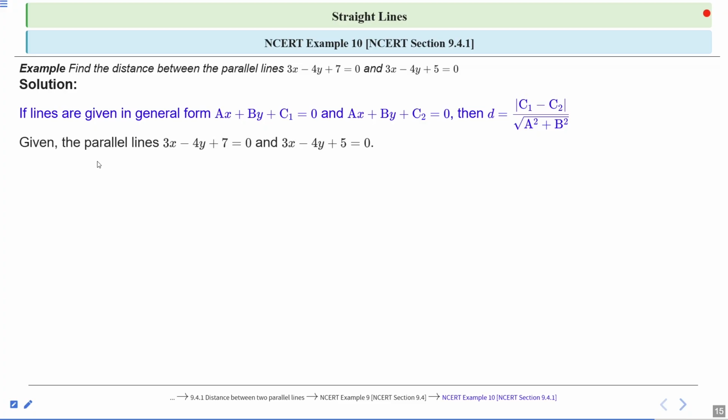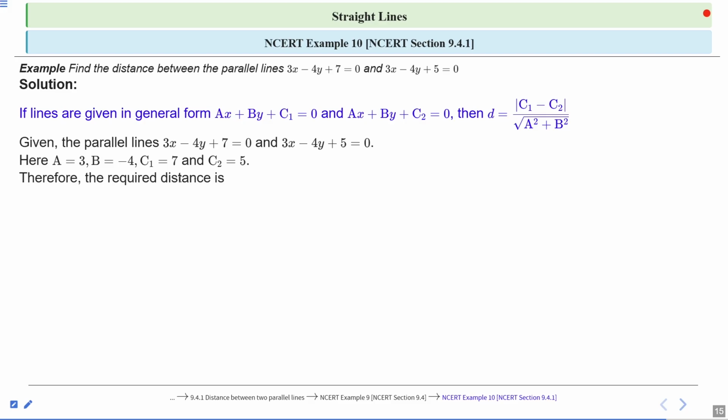The given parallel lines are 3x - 4y + 7 = 0 and 3x - 4y + 5 = 0. If we compare these two equations with the general form ax + by + c1 = 0 and ax + by + c2 = 0, we obtain a is 3, b is -4, c1 is 7 and c2 is 5.